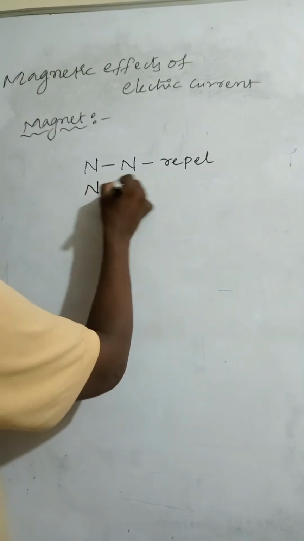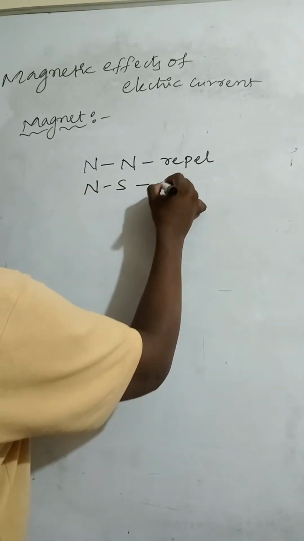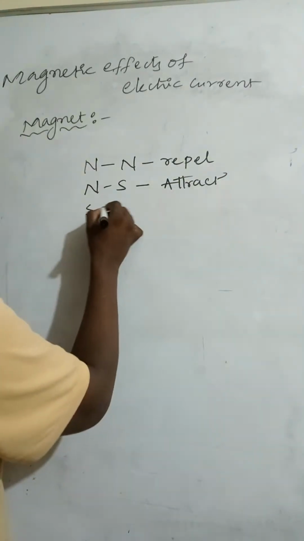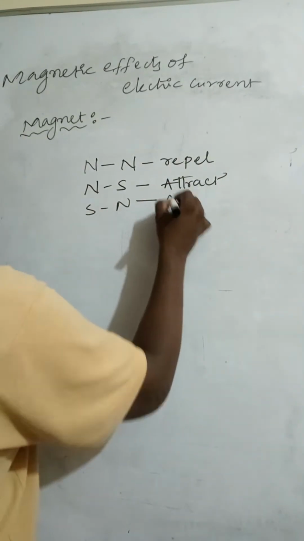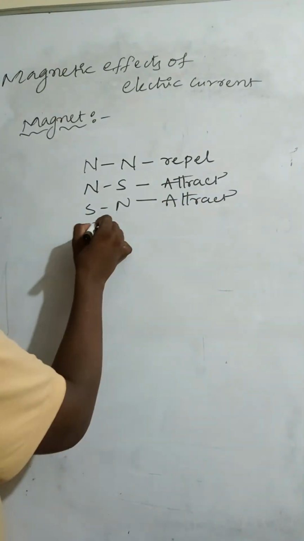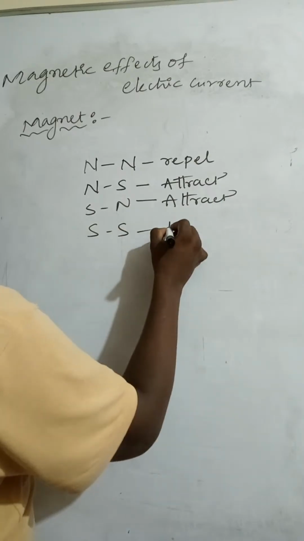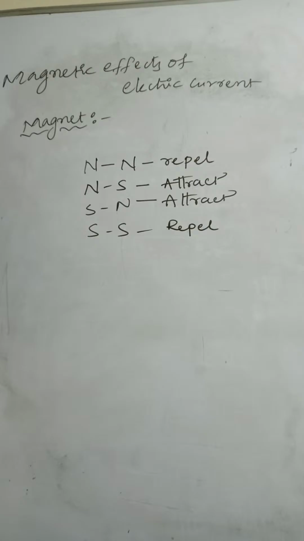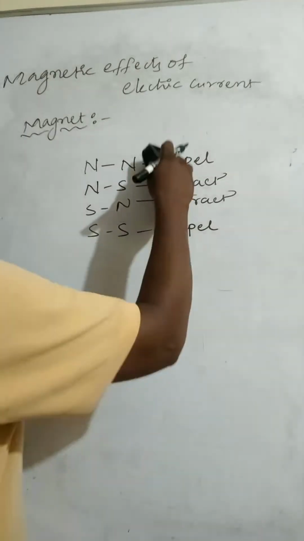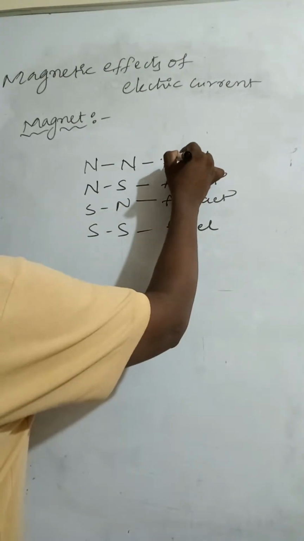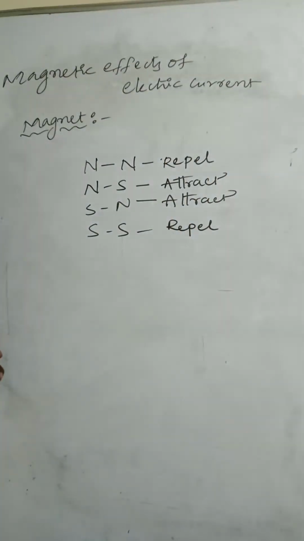North and south will attract. South and south will repel. Understood?